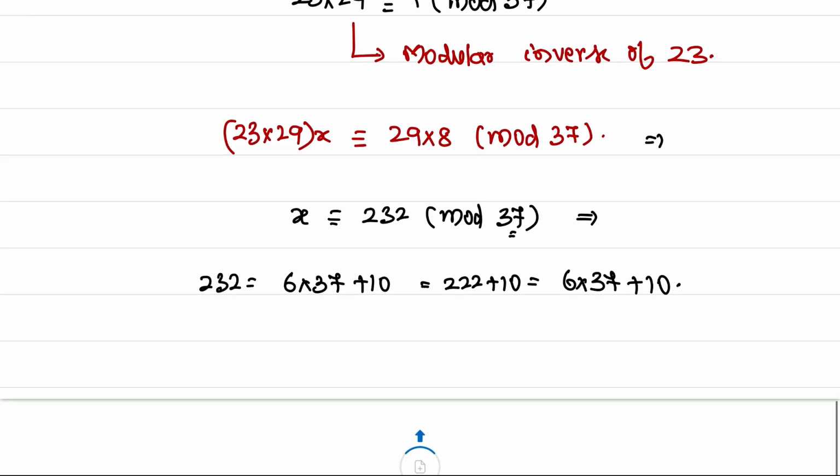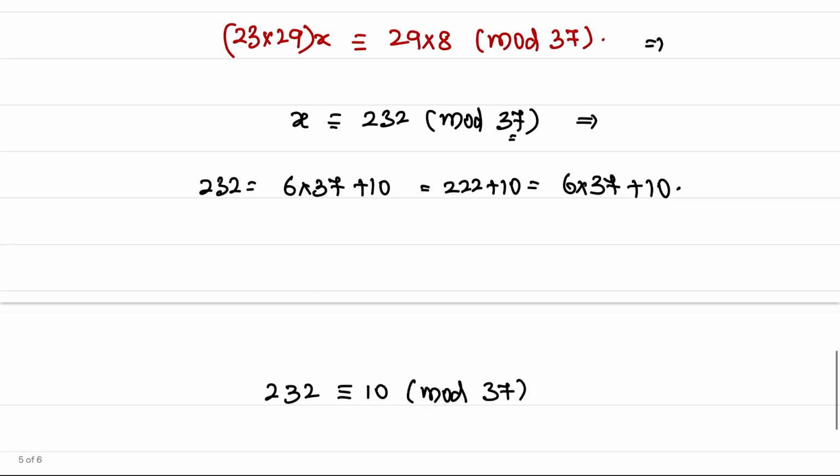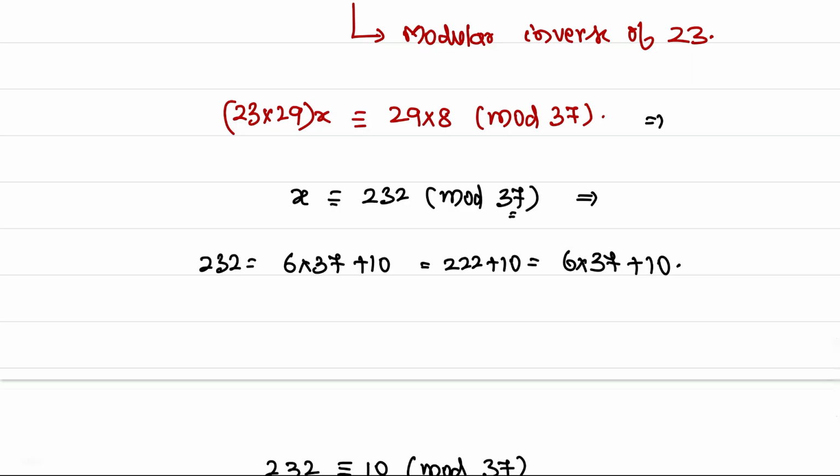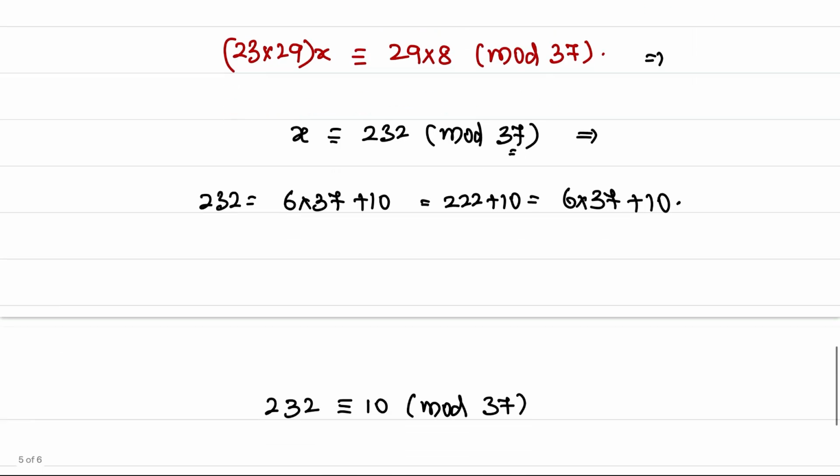That means 232 is equivalent to, we have to write in mod 37 terms, 10 mod 37. Everything we are converting into mod 37 terms. x is equal to 232 mod 37.